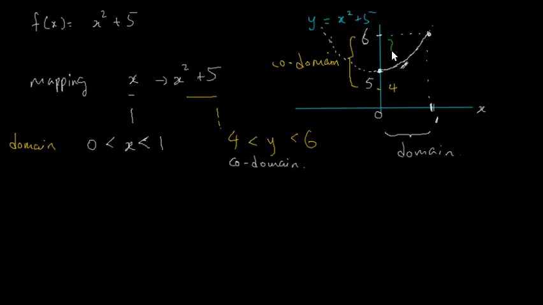This set of actual values that we get is called the range. It's called the range.